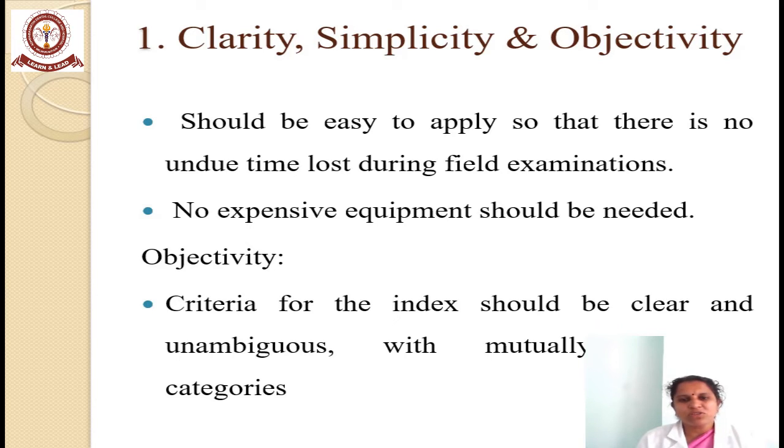The cost effectiveness also should be seen. So it should be simple, time should not be lost during the examination, and no expensive equipment should be used. Objectivity means the criteria for the index should be clear and unambiguous with mutually exclusive categories.